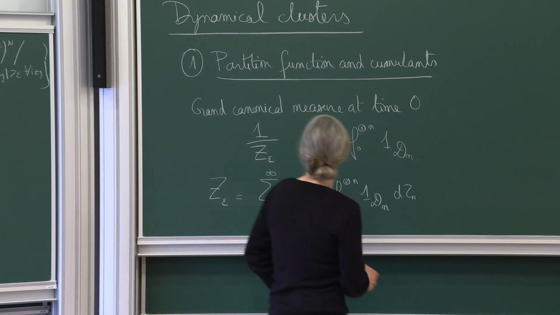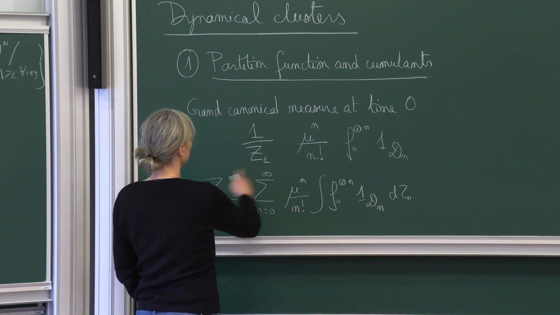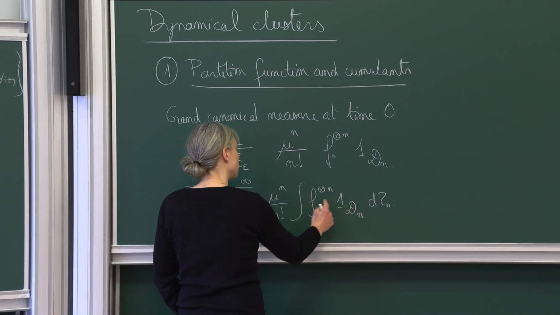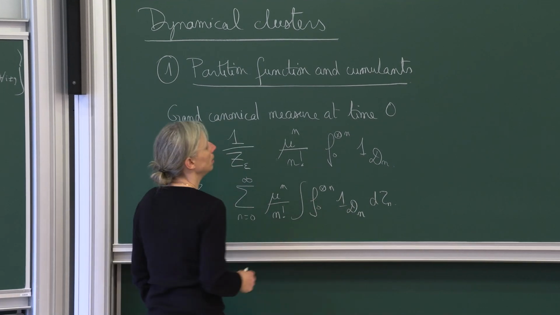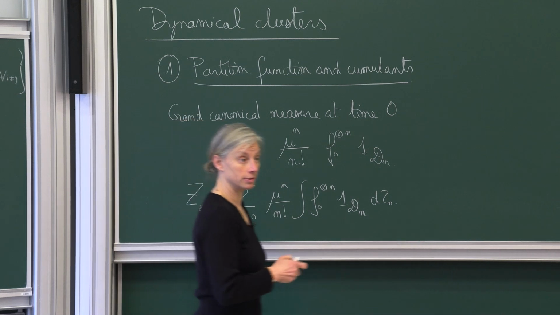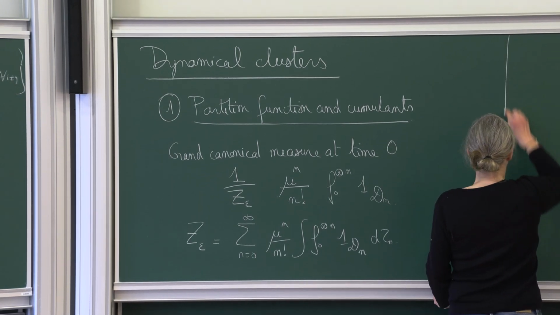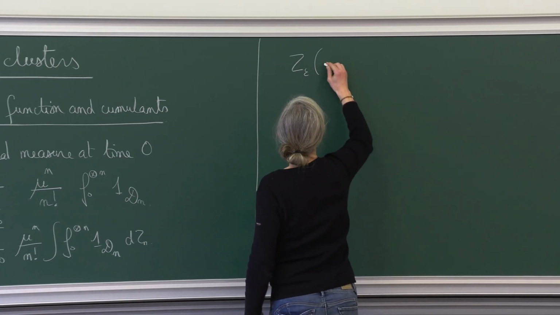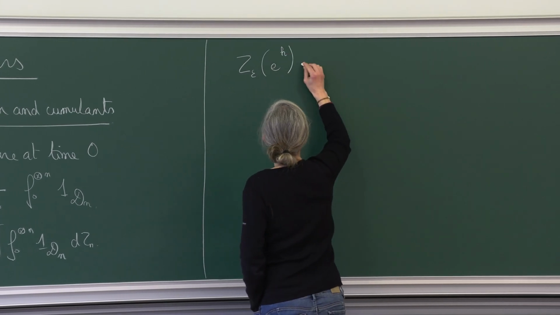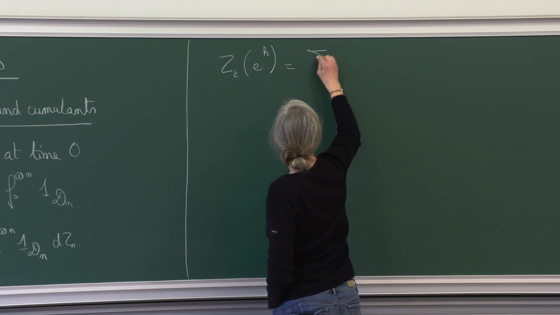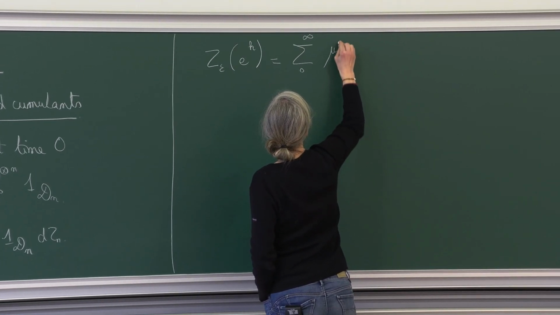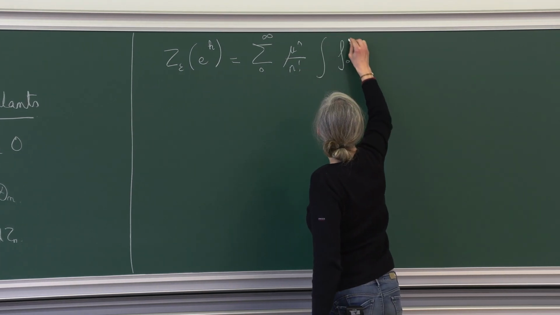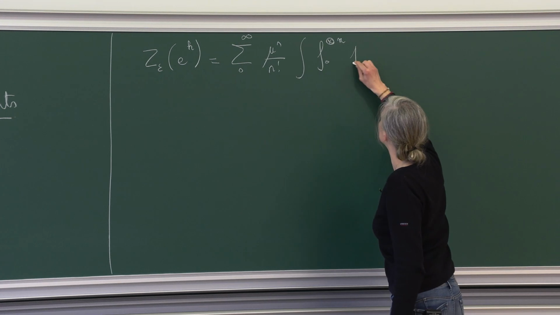Now what I will consider is actually a modified partition function, where essentially I will test this integral against an exponential moment. So I will look at this Z_epsilon of e^h, which will be the sum from 0 to infinity of mu^n divided by factorial n. So this will not change. Then you have this initial data.